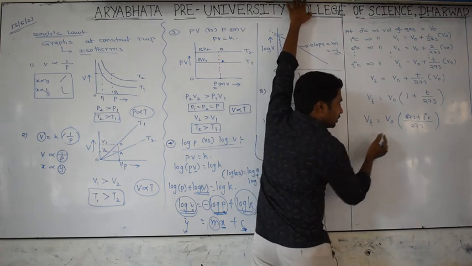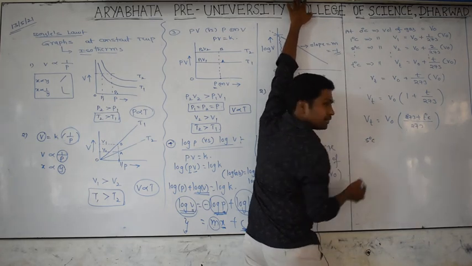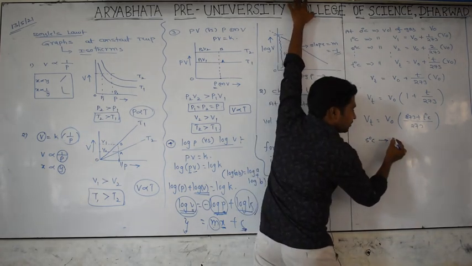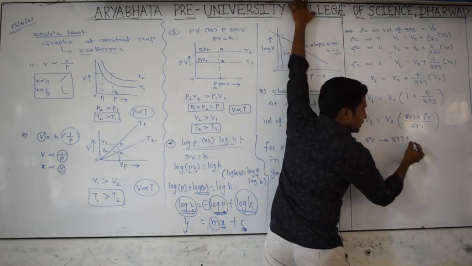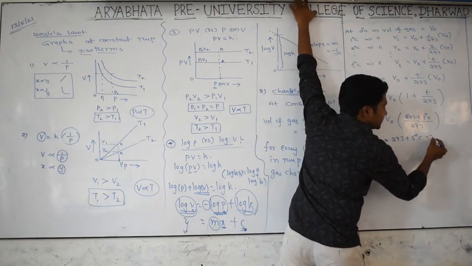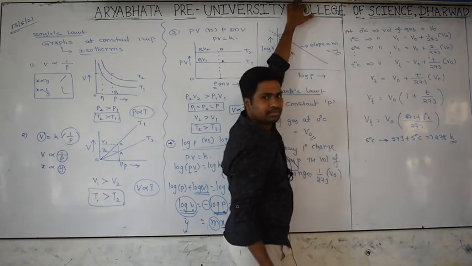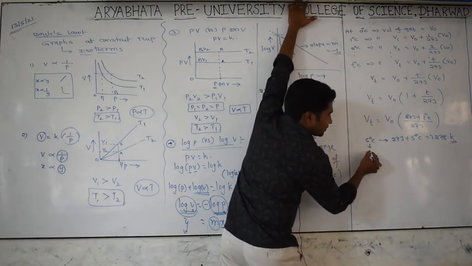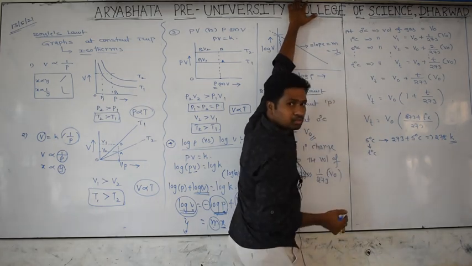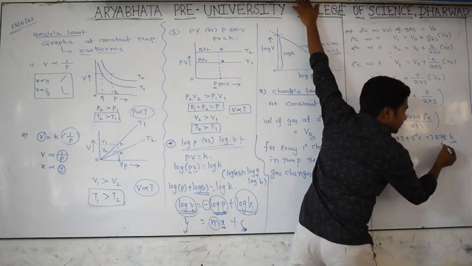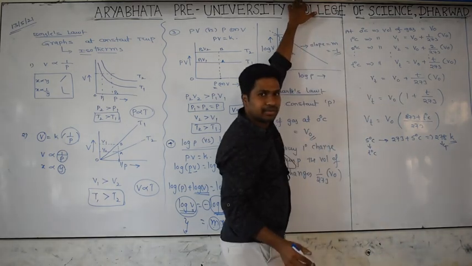For example, 5 degrees Celsius is 273 plus 5, which is 278, converting into what? Kelvin. Degrees Celsius we express with a small t, and Kelvin temperature we express with a capital T. There is a variation.